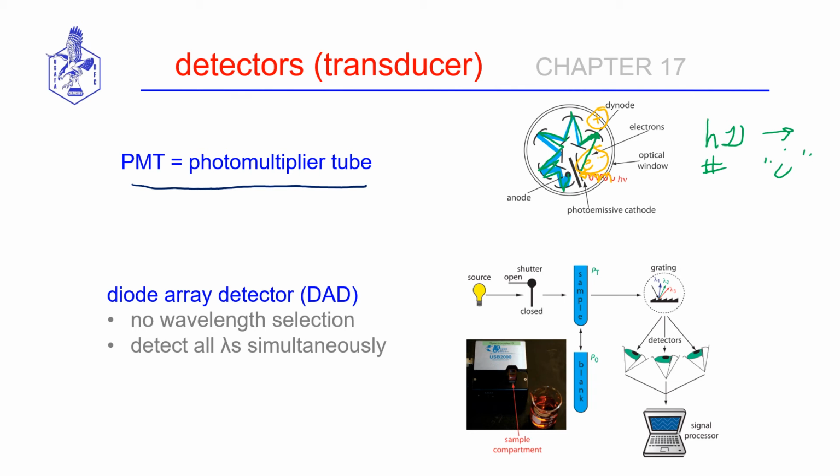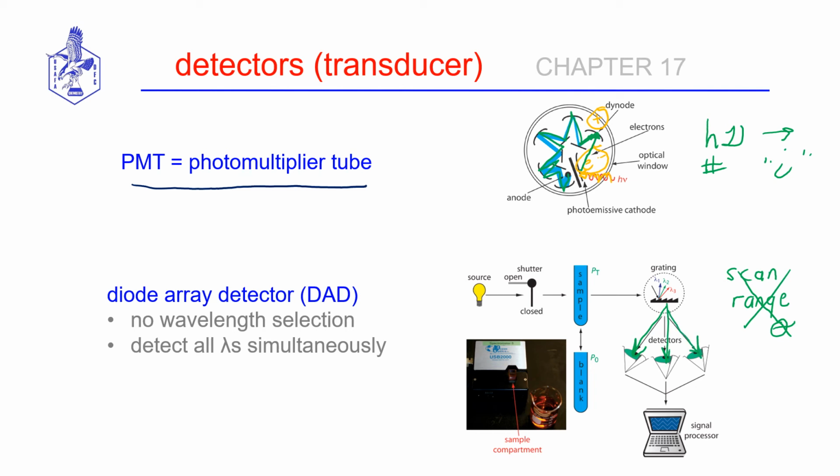A more sophisticated instrument is one in which we're not going to need a monochromator to select the wavelength, but we're actually going to let all wavelengths hit the detector at the same time. So instead of having to scan over a range of angles of our diffraction grating, we don't need to do that. We're simply going to disperse the light with our diffraction grating, and we are going to have multiple photomultiplier tubes at different angles coming off the diffraction grating.